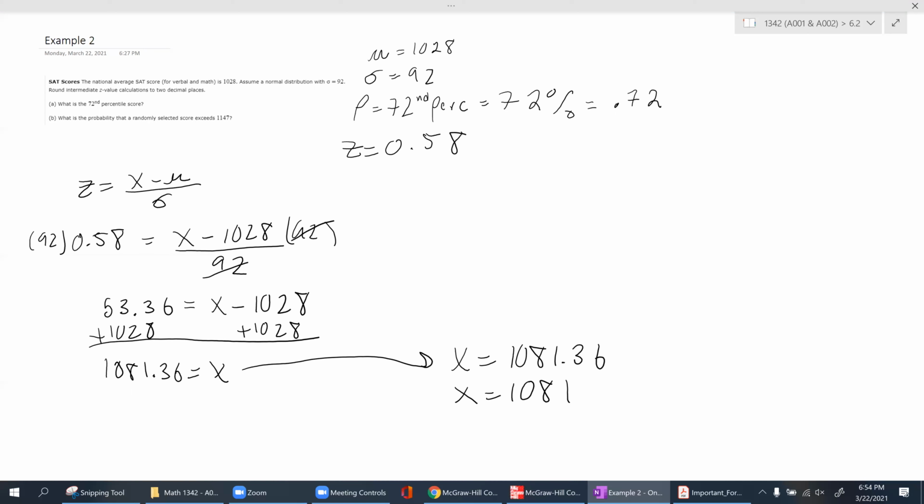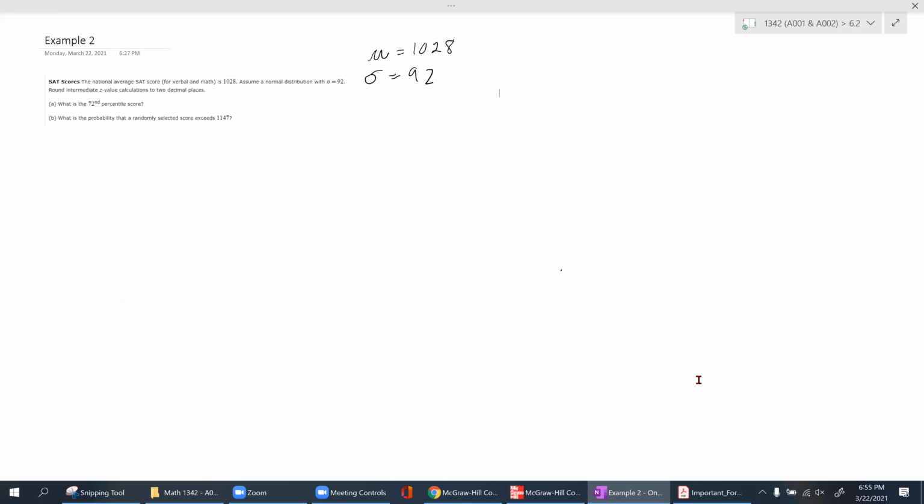I'm asked here, what is the probability that a randomly selected score exceeds 1147? This is an exceed problem, so what they're giving me now is 1147. That's my x value, so I'm going to have to find the probability for that.